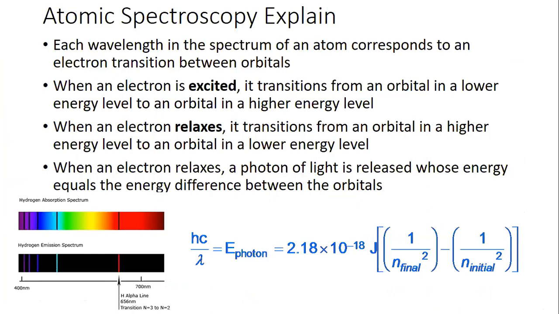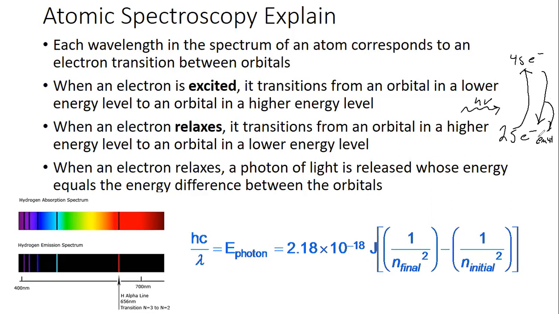The reason why elements release light is that the electron is going back down to a lower energy. For example, if I have an electron at 2s and I hit it with light, it could be promoted to the 4s orbital. Then at the 4s orbital, if it comes back down, it will emit light.